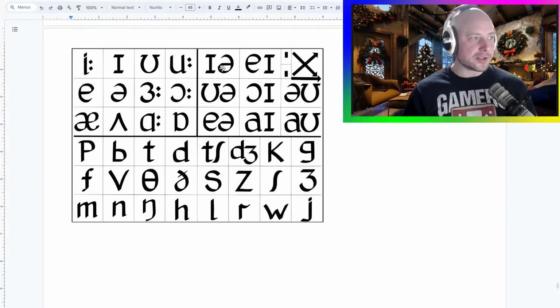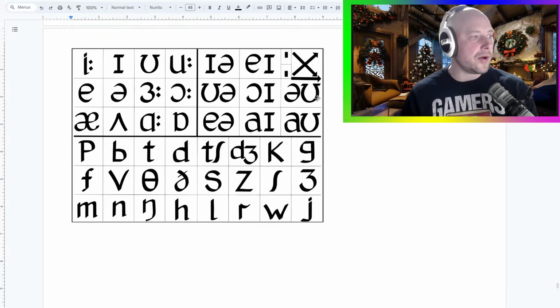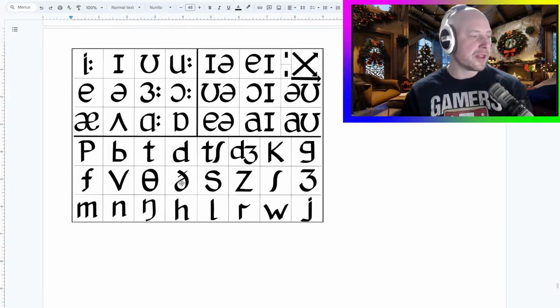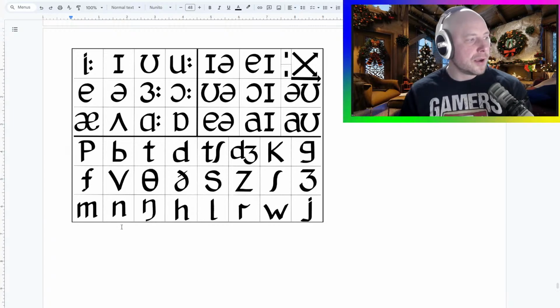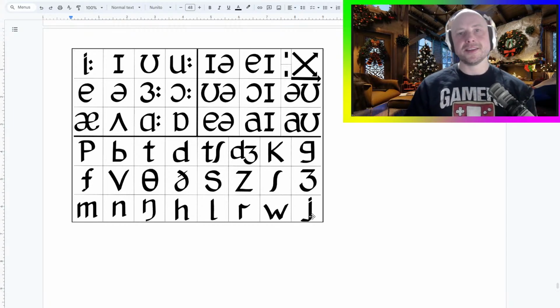And then diphthongs. Ear, A, U, Oi, O, E, I, Ow. There's the diphthongs. And then we have P, B, T, D, Ch, J, K, G, F, V, Th, V, S, Z, Sh, J, M, N, Ng, H, L, R, R, Y. That's it.